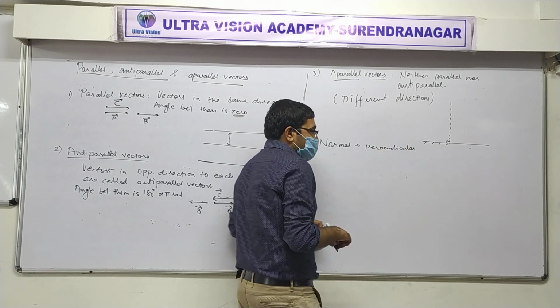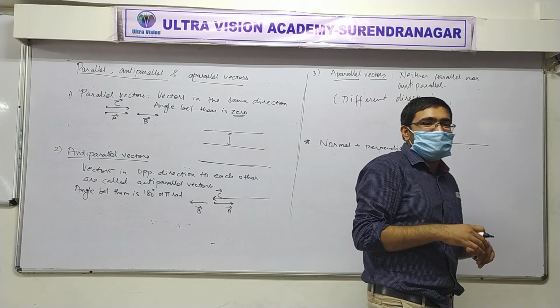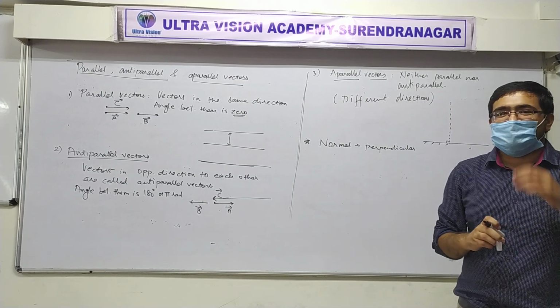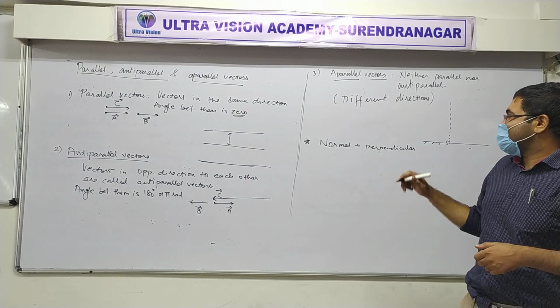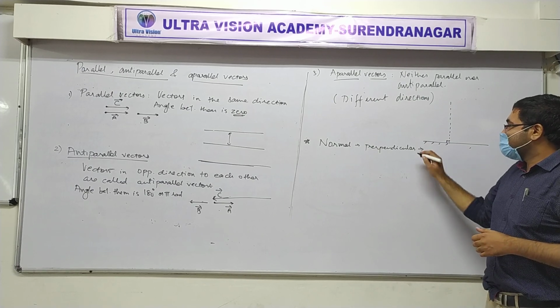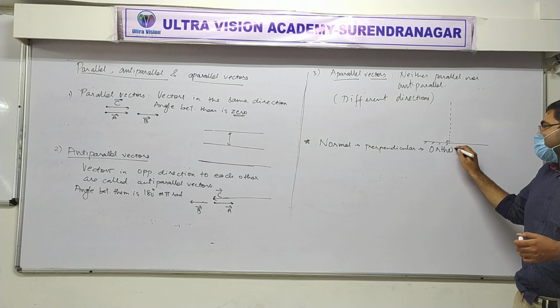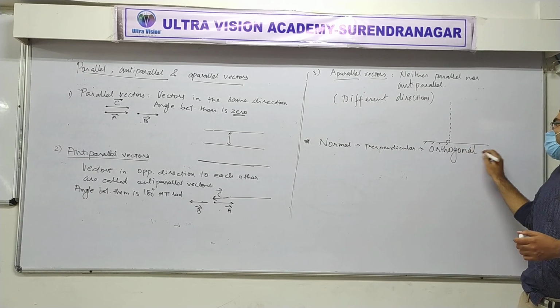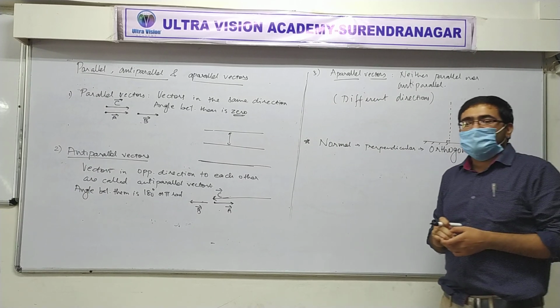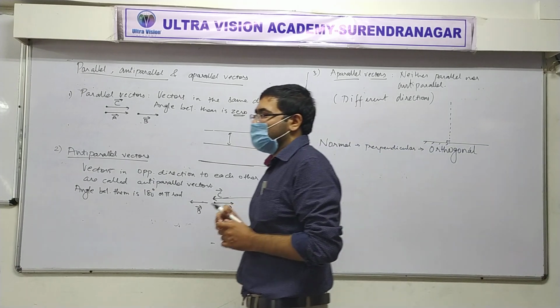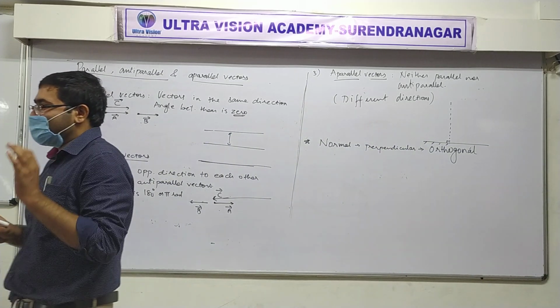But there is another word that you might find sometimes in physics literature. Not English literature. The word which is a synonym of all this is orthogonal. Okay, orthogonal. Orthogonal means right angle.